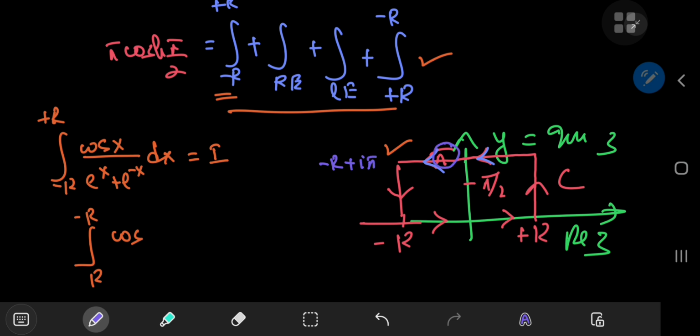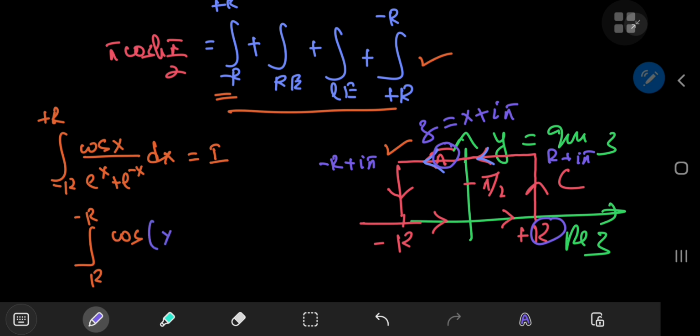Because the height of the box was pi. And over here, it's going to be r plus i times pi. So we see that any complex number z defined on this edge will have a constant imaginary part, constant magnitude of imaginary part, that's pi. And it's the x variable that's varying between -r to +r. So from +r to -r, that is.